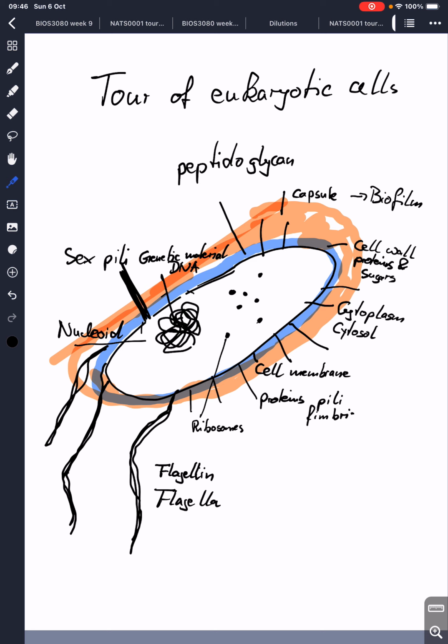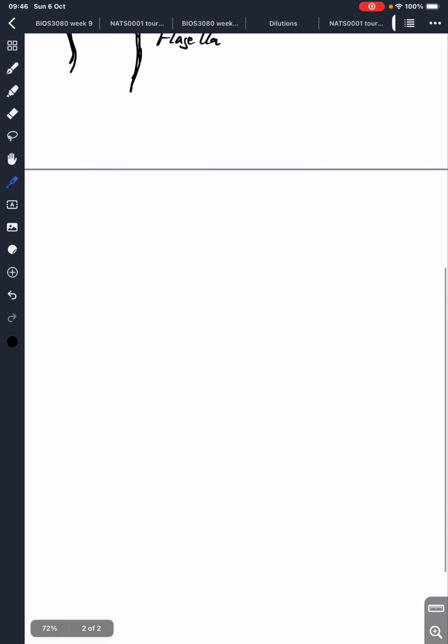They give the bacteria, the prokaryotic cell, the ability to move and to swim. But not all prokaryotic cells have these flagella. Some have only one. Other prokaryotes might have quite a few of these flagella, and they help the bacteria to move around. So that was the typical structure of a prokaryotic cell.